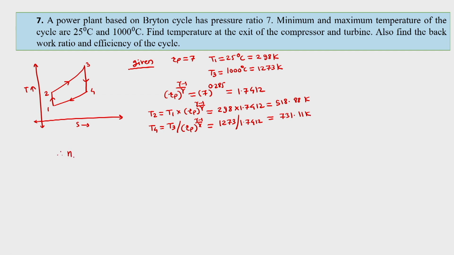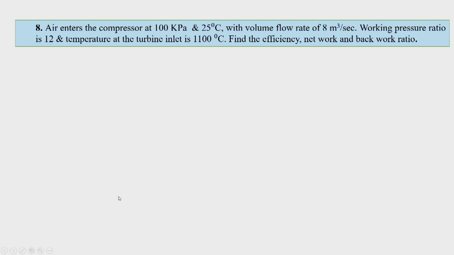Thus we can find out efficiency, which is asked of us: 1 minus 1 upon Rp raised to (gamma minus 1) upon gamma. So efficiency is 1 minus 1 upon 1.7412. So this leads to efficiency of 42.56%.